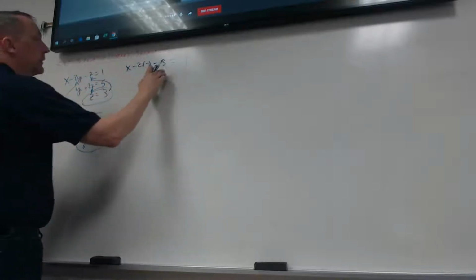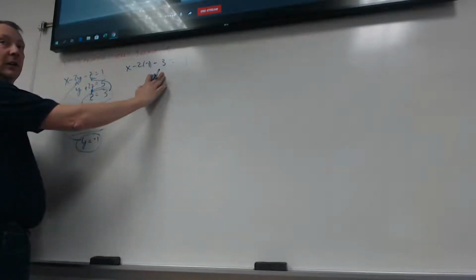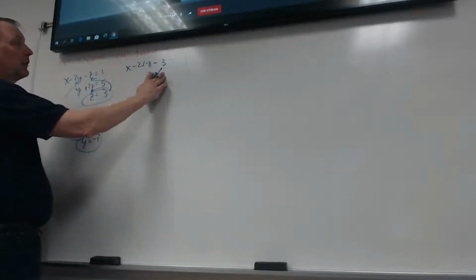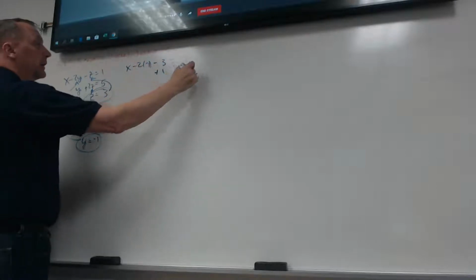x minus 2 times -1 minus 3 equals 1. -2 times -1 is 2. Positive 2 minus 3, -1, so we're going to add 1 to both sides, right?